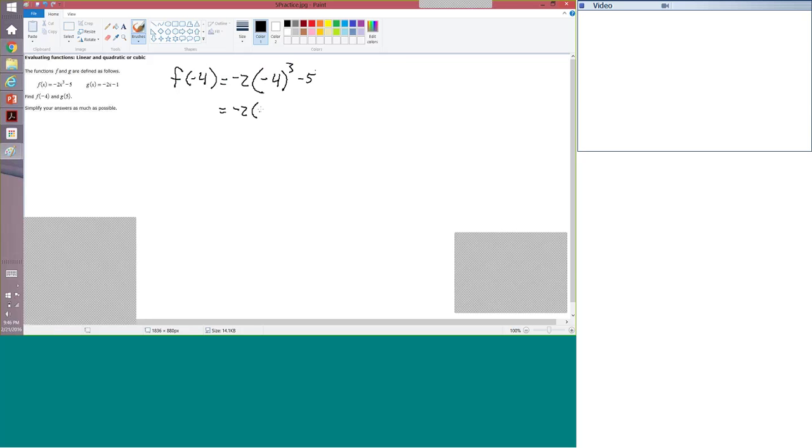So we have -2 times -64 minus 5. A negative times a negative will yield a positive number. So 2 times 64 is going to be 128 minus 5. So f of -4 is equal to 123.